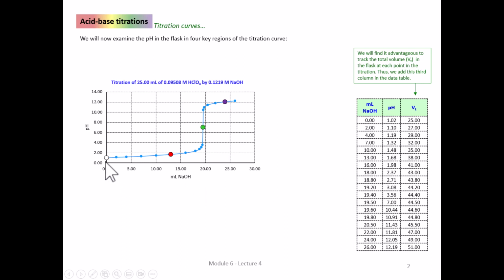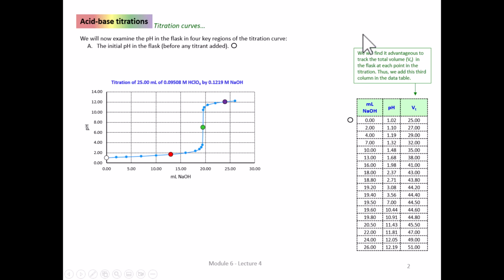So in the flask to start with, when we've added 0 milliliters of sodium hydroxide, the total volume in the flask is 25. After we've added 2 milliliters of sodium hydroxide, the pH goes up slightly, but at that point we have a total of 27 milliliters in that flask. Tracking this total volume will come in handy.